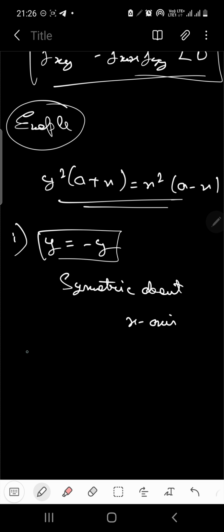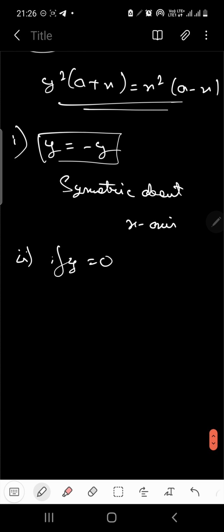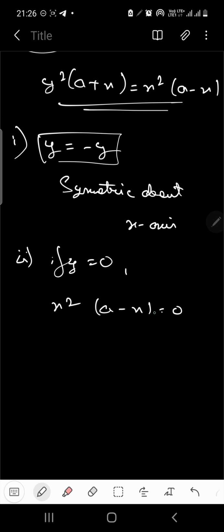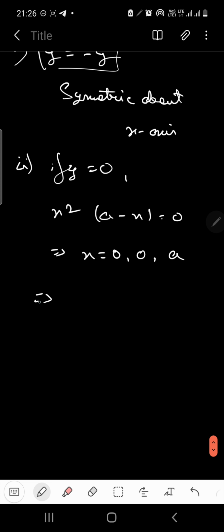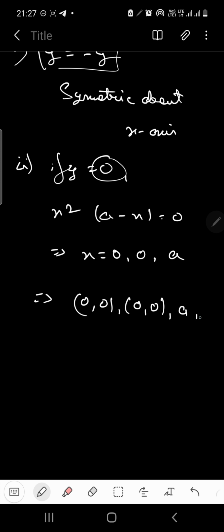So if y equals 0, you have x square times a minus x equals 0. That means x equals 0, 0 and a. That means if y equals 0, you are getting 0, 0 twice and you are getting the point a, 0.